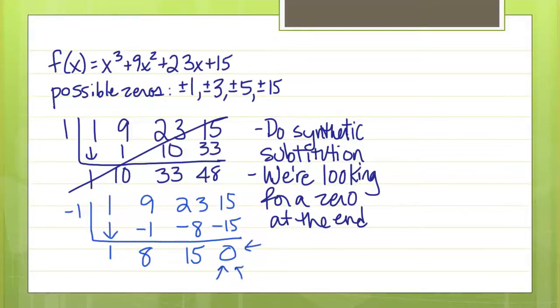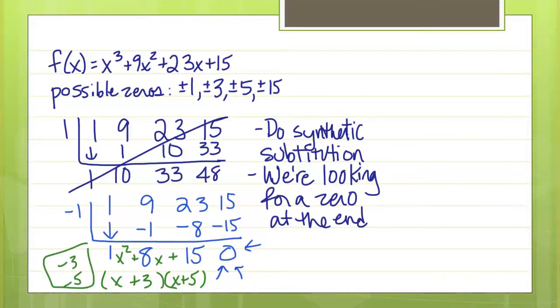So the more you can tie this together with what it actually means, the less this is just memorizing magical steps. Remember that what this thing down here means is 1x squared plus 8x plus 15. And if you can factor that, there's no need to continue trying more substitution.